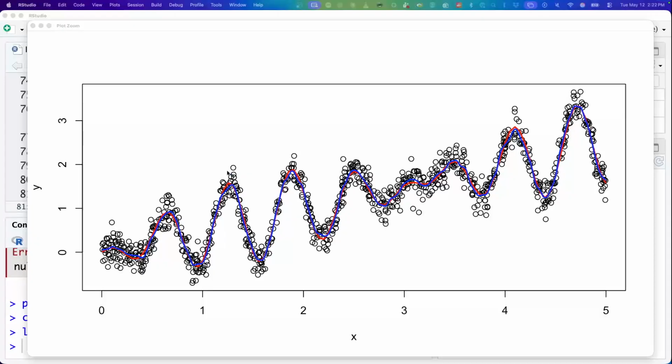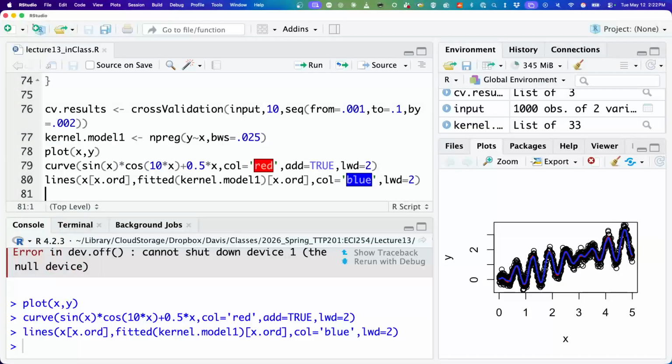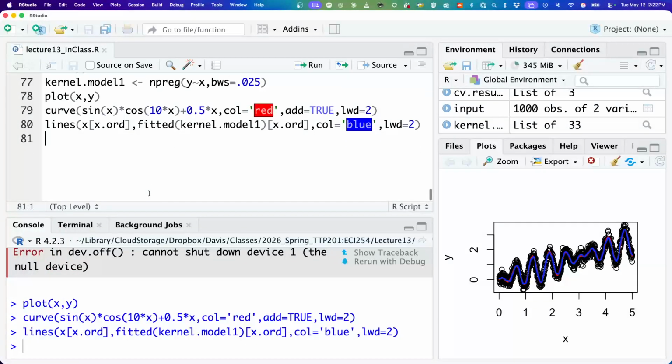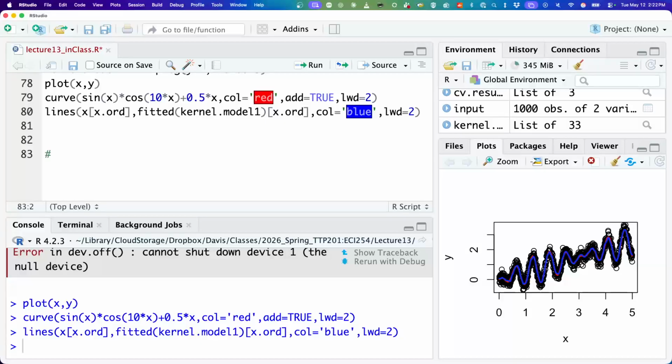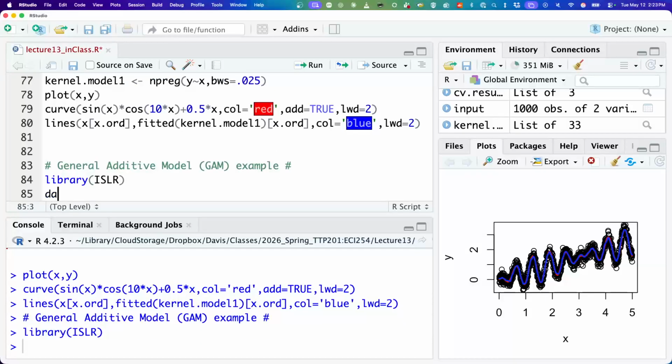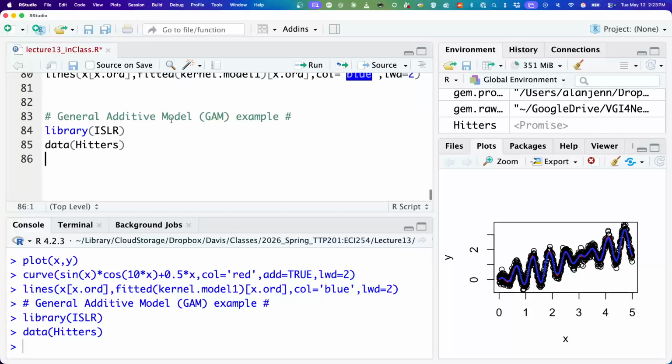All right, so jumping over here, we are going to look at a general additive model or GAM example. We're going to use the ISLR library again because it contains a data set called hitters, which we'll load in.